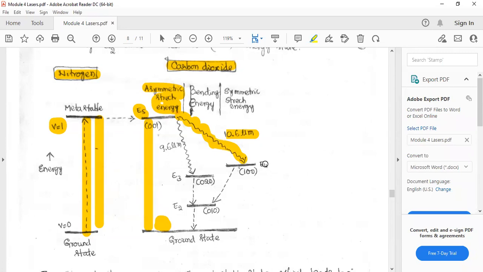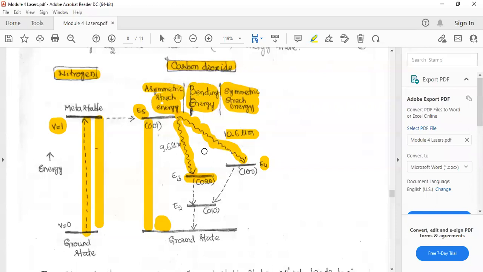This energy level E4 corresponds to the symmetric stretch energy of the carbon dioxide molecule. Simultaneously, a few of the carbon dioxide molecules will get de-excited to the E3 energy level. This E3 energy level corresponds to the bending mode of the carbon dioxide molecule.